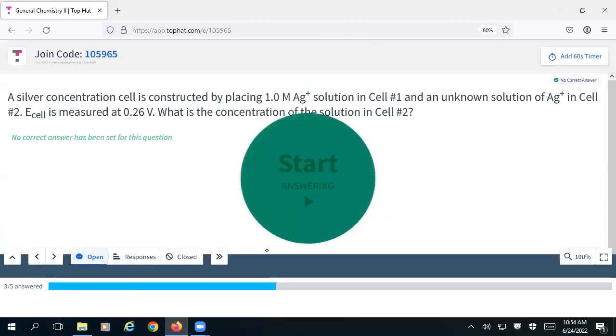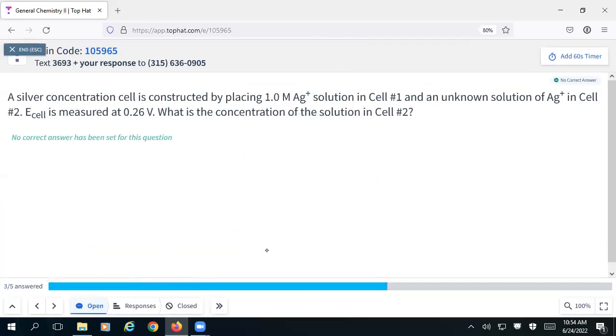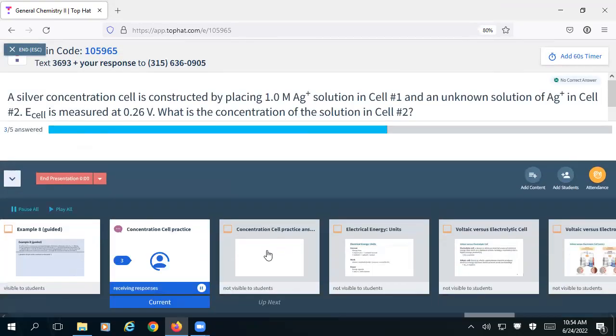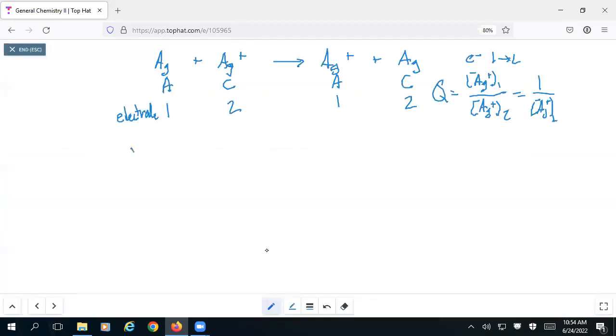We start with our measured voltage, 0.26. So 0.26 volts is equal to 0 volts, because again, this is a concentration cell, so a silver cell shouldn't transmit any electricity to itself.